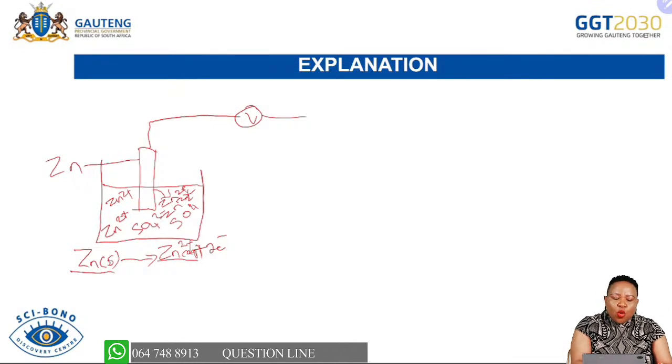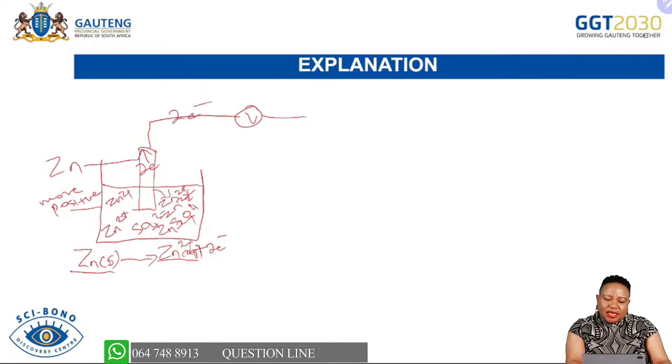And the zinc 2 plus ion will go and be found in the solution. And you can see now that our solution is having more positive ions, meaning that our solution is now more positive. And where are the electrons going? The electrons are going through the conductor to the side where they will be attracted.